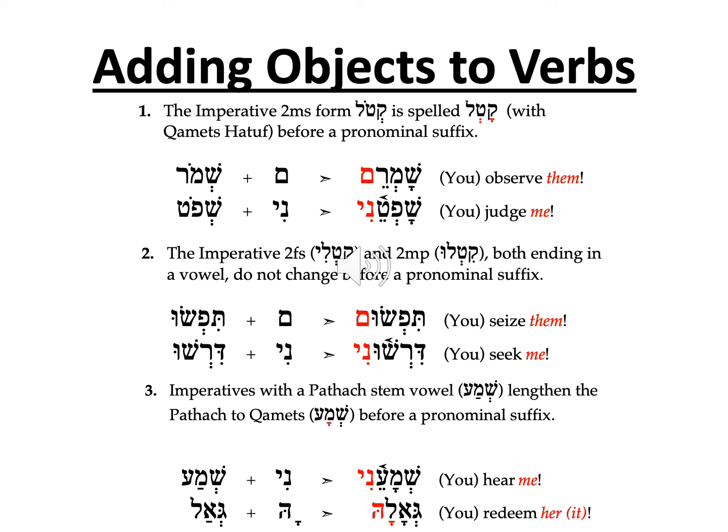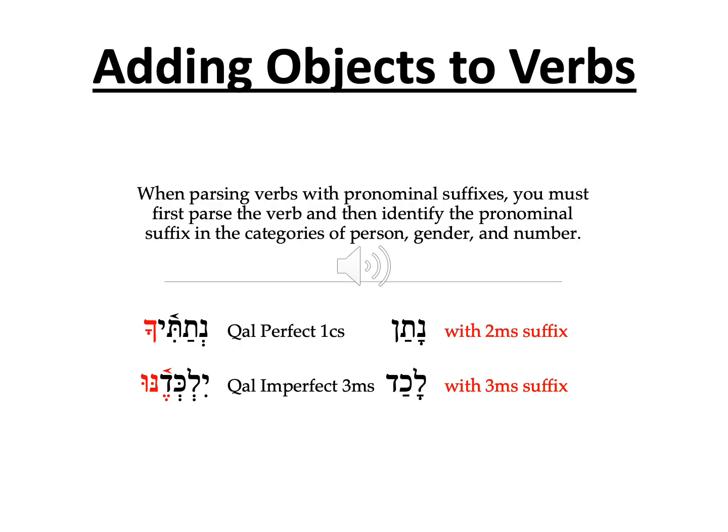We then affix our object suffix. In the imperative 2FS and 2MP, both ending in a vowel, there is no change before a pronominal suffix, just as was the case with the imperfect. In the imperative with a patach stem, those that have a guttural requiring that patach stem, or perhaps a stative verb, the patach will lengthen to kametz before a pronominal suffix.